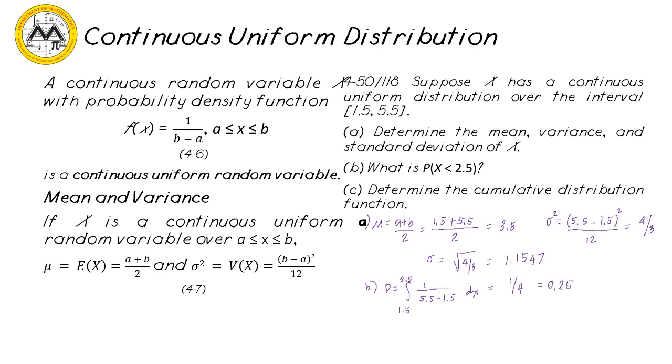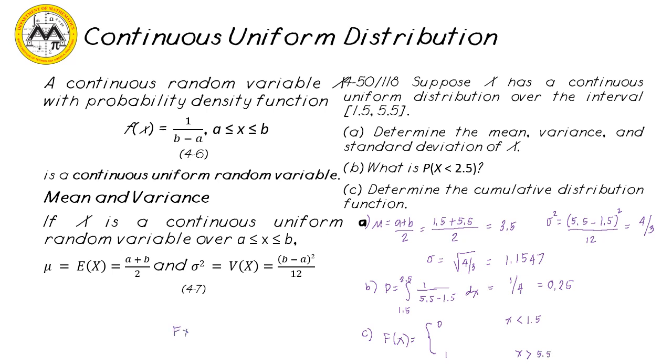For the cumulative distribution, capital F of x would be 0 when x is less than 1.5, and it is 1 when x is greater than 5.5.